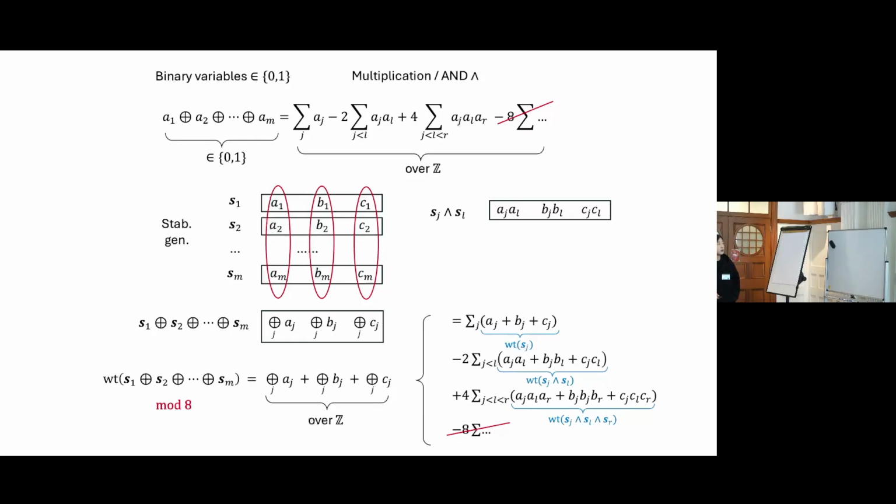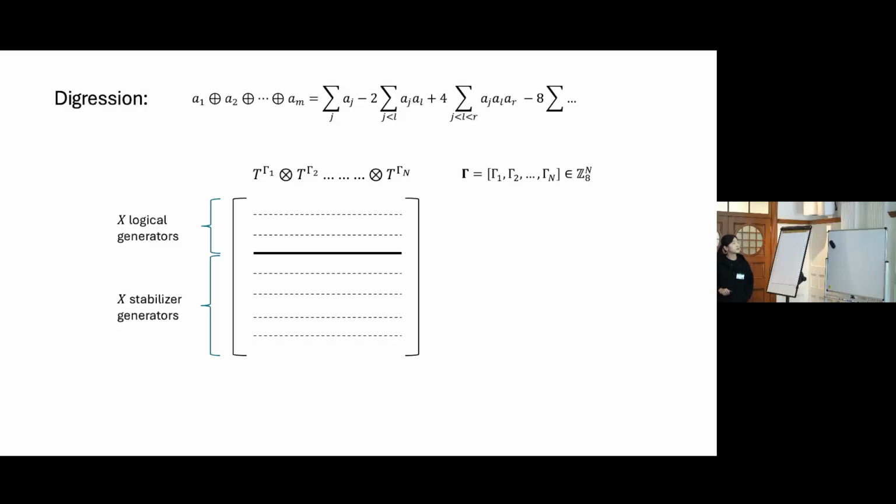Okay, so this formula is very powerful, and it actually allows you to derive something like this. Given a CSS code specified by logical generators and stabilizers, I want to ask the question whether T to the gamma 1 up to T to the gamma n could be a valid logical gate of my code. I will call such a gamma a metric.